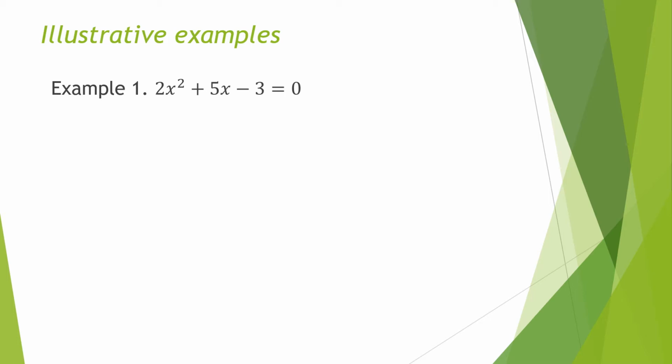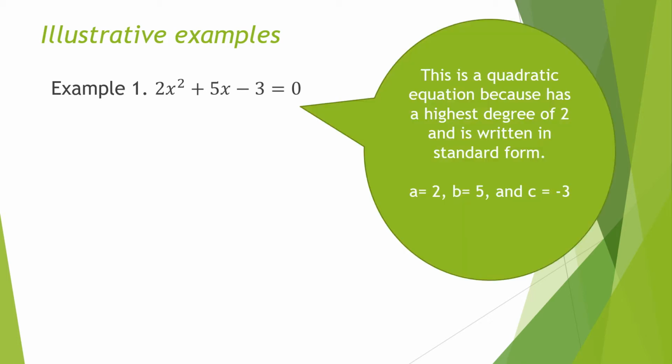Example number 1, 2x squared plus 5x minus 3 is equal to 0. Is this a quadratic equation or not? This is a quadratic equation because it has a highest degree of 2 and written in the standard form. An equation is in standard form if its terms are arranged from the term with the highest degree down to the lowest degree.